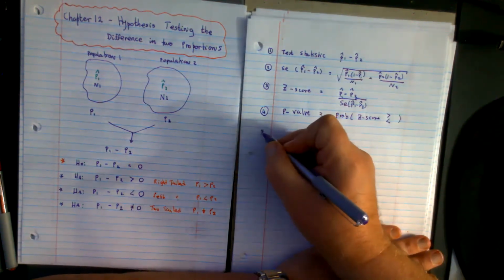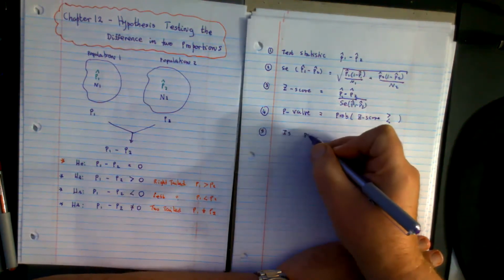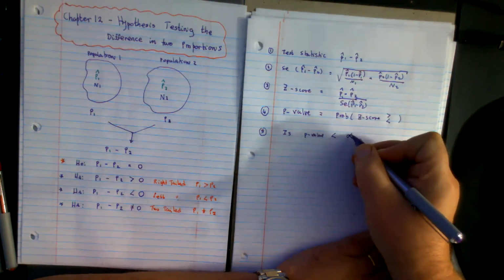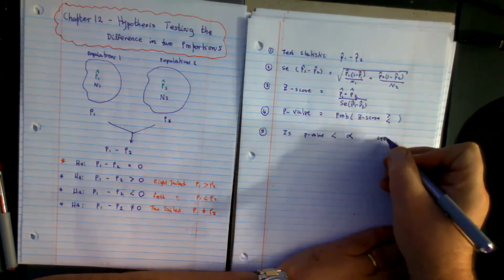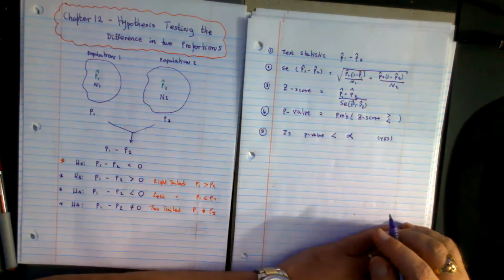And then finally, we do our test. And the test is our p-value less than the significance level of? And if the answer is yes, then we have in fact proved that one of the alternates is true.